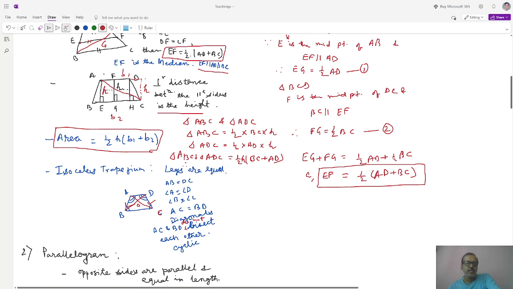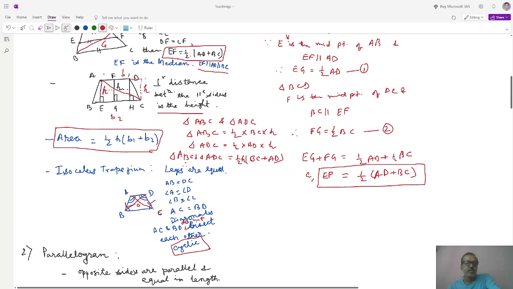One thing to be remembered: an isosceles trapezium is cyclic. You know the meaning of cyclic?